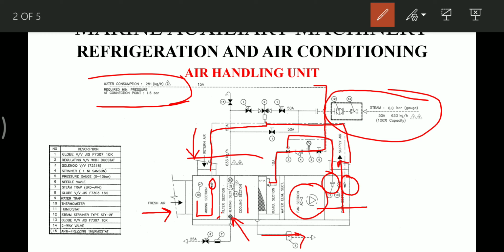So this is how air handling unit works. Now let's see its function in summer and winter with the psychometric chart.